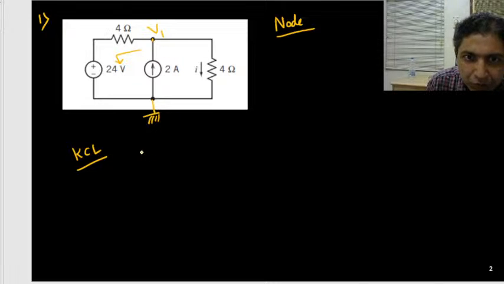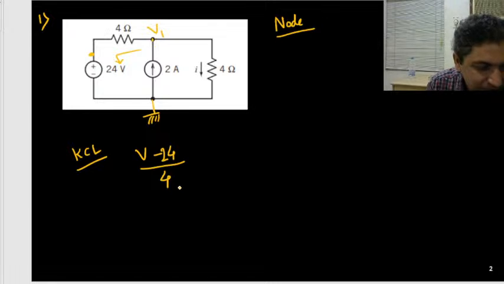that will be V1 minus 24, exactly. It is 24. This node potential is 24, upon this resistance 4. Okay. This is the current going from V1 through this 24 volt. Okay. And this is the incoming current, 2 ampere.